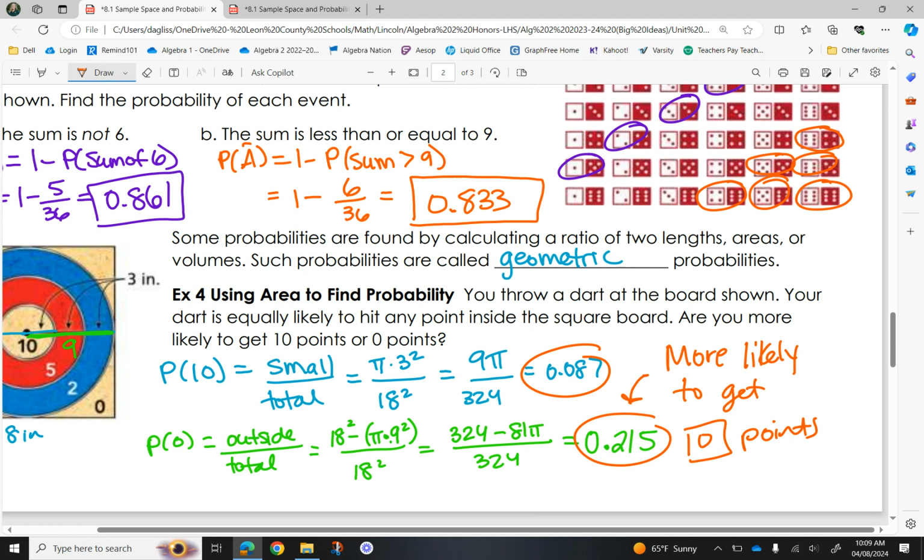Okay. Last kind of probability today is called experimental probability. That's the last kind we're going to look at. So we've done theoretical, we've done complements, we've done geometric. The last one today is experimental.